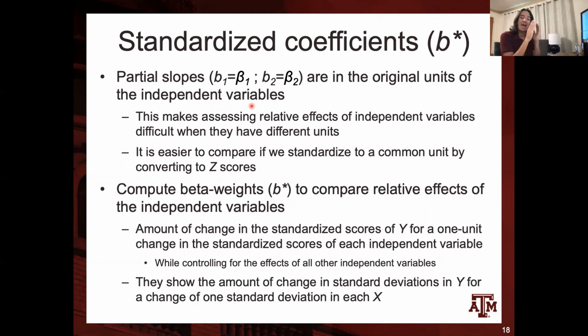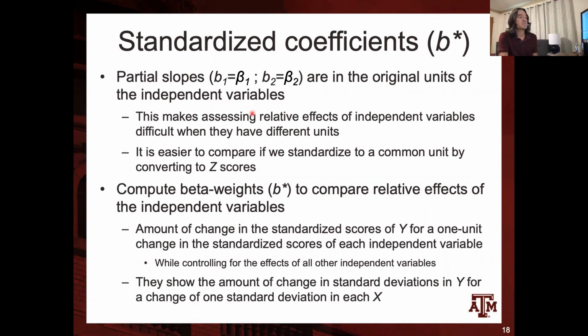Okay, so I have different units between age and education. So it's not correct to compare the magnitude of the coefficients of age and education to see which one is stronger, because the unit of analysis is different between these two independent variables.